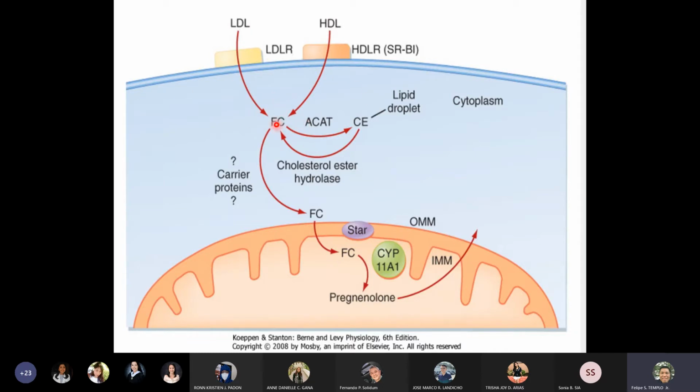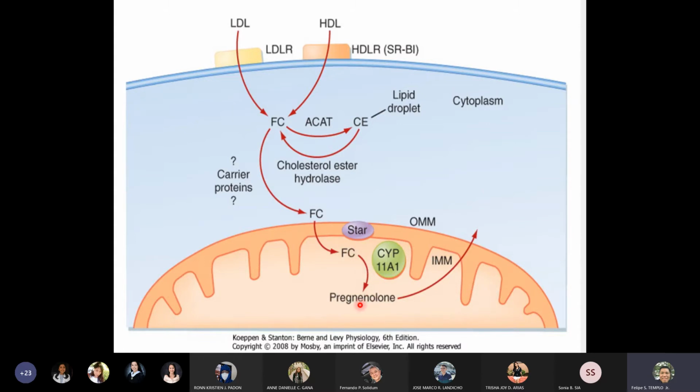Now the free cholesterol will be converted into cholesterol esters. The free cholesterol will be delivered inside the mitochondria by the steroidogenic acute regulatory protein, or the StAR protein. So the free cholesterol from your LDL will go inside the mitochondria.